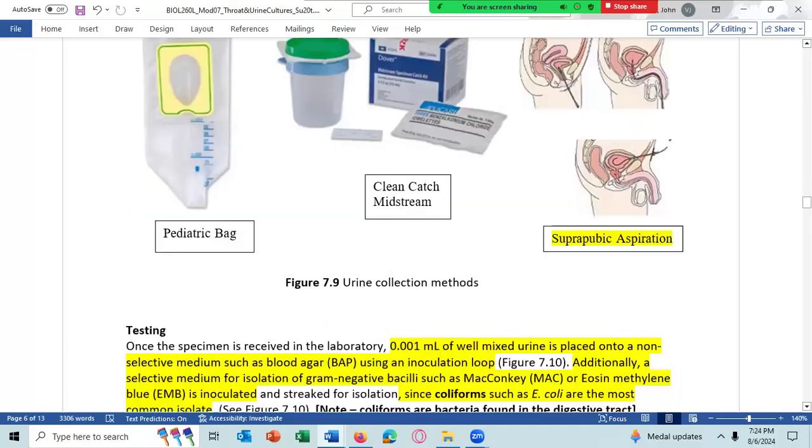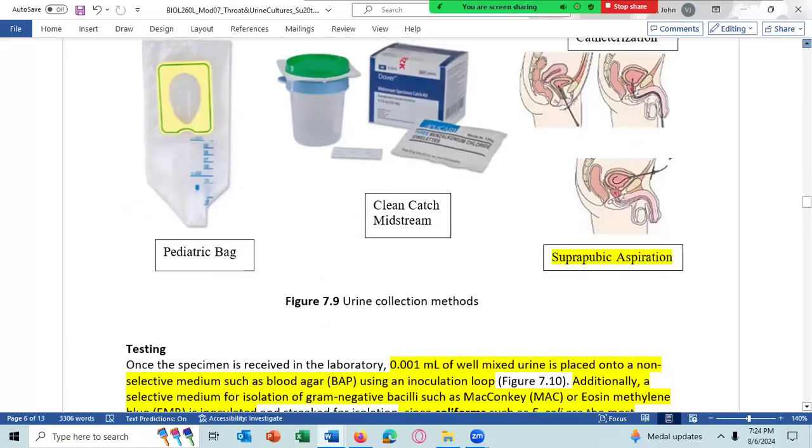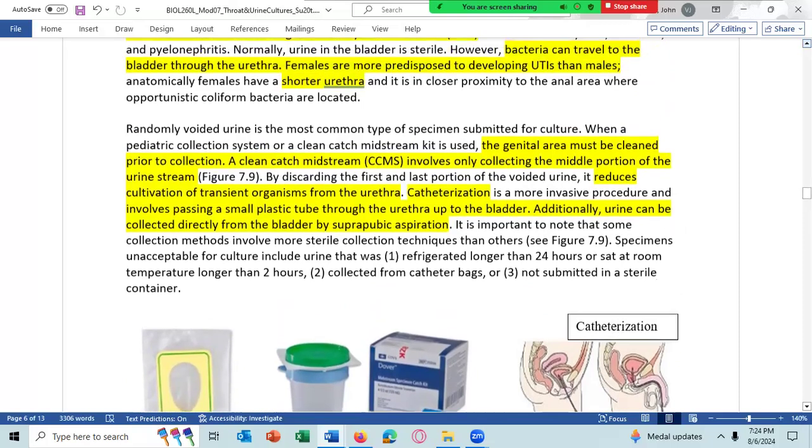To sample the specimen for a urine culture, you first clean the genital area, and then patients prefer a collection called clean catch midstream, where you begin voiding the urine and you don't collect at the beginning or the end of the stream, you collect the urine midstream.